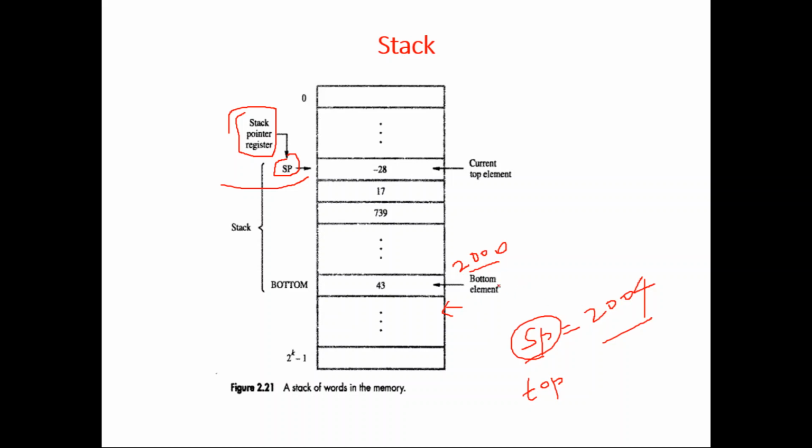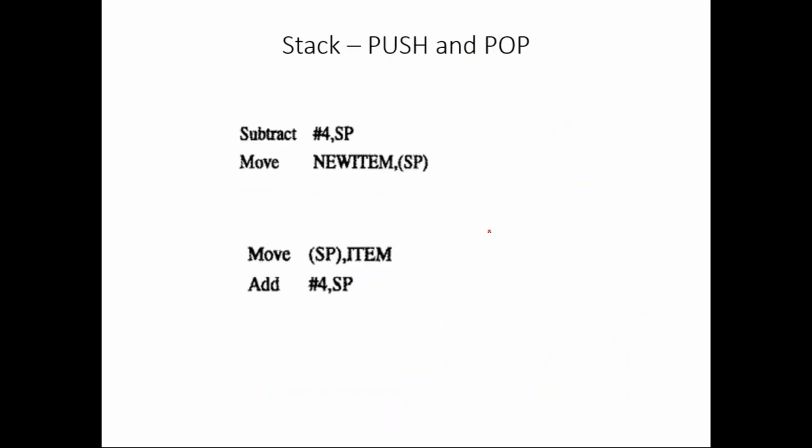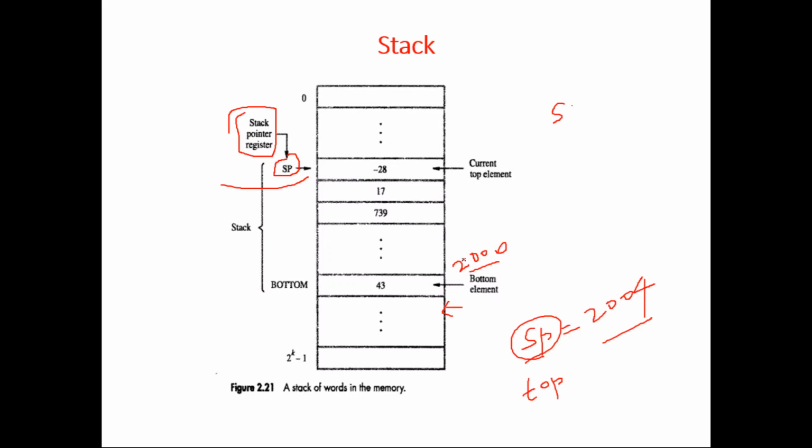So how do you push into the stack? Before pushing, you have to change SP. So first SP should be incremented. So you have to add some 4 with SP. Sorry, we have to subtract 4. The bottommost element is at 2000, so the next element will come at location 1996, then the next at 1992.